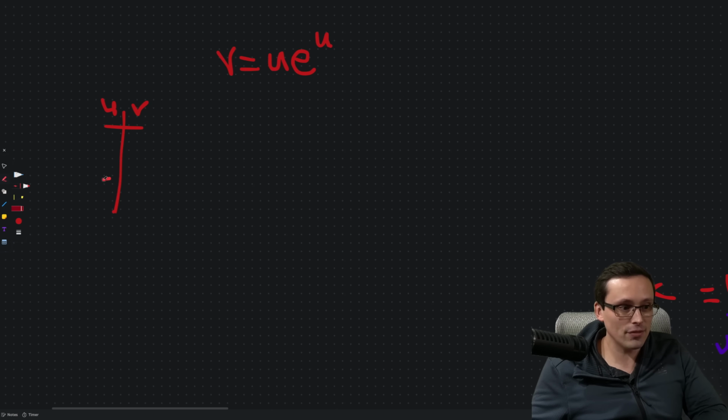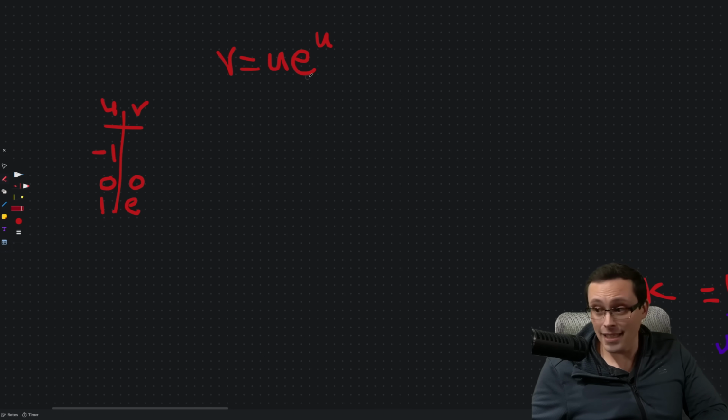So for example, if I input a 0 for u, I would get 0 times something, which is always 0. What would happen if I input a 1? If I input a 1, I would get 1 times e to the first power, which is just e. 1 times e is e. So if I input a 1, it outputs an e. What would happen if I input a negative 1?